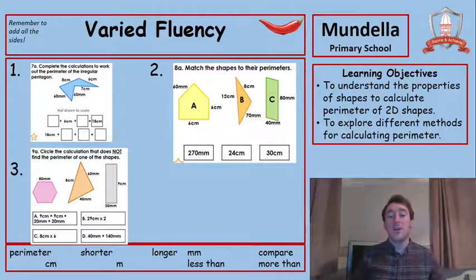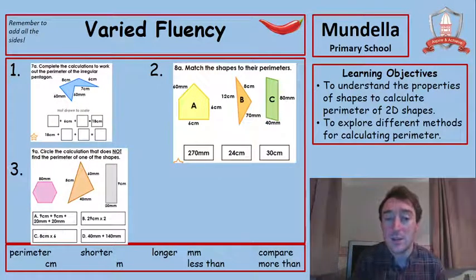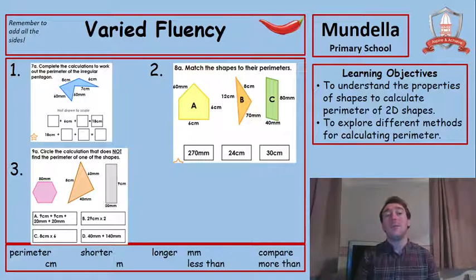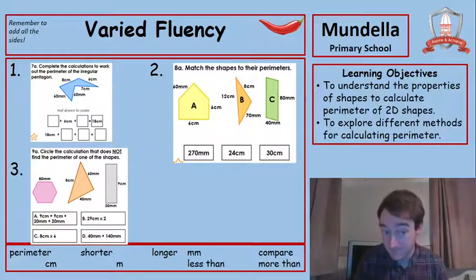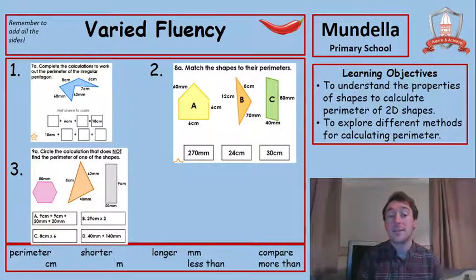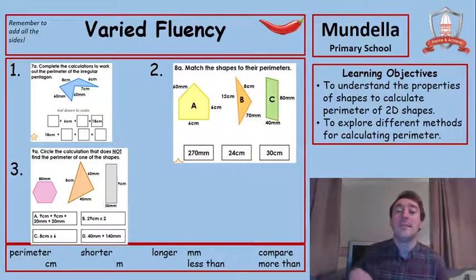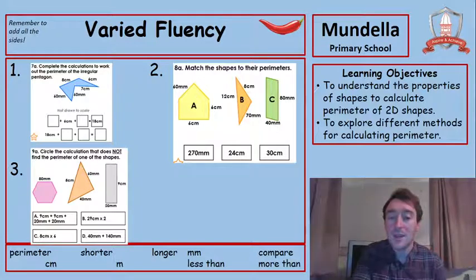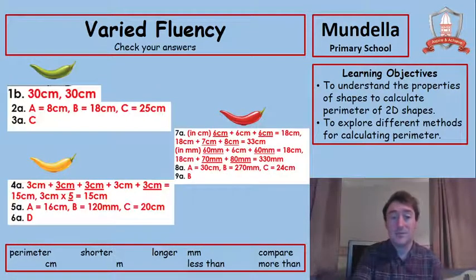Or if you want to try the red set of questions, the red chili questions, then pause the video now and then have a go at these questions and unpause when you're ready to check your answers. And we'll check our answers in 3, 2, 1, now.